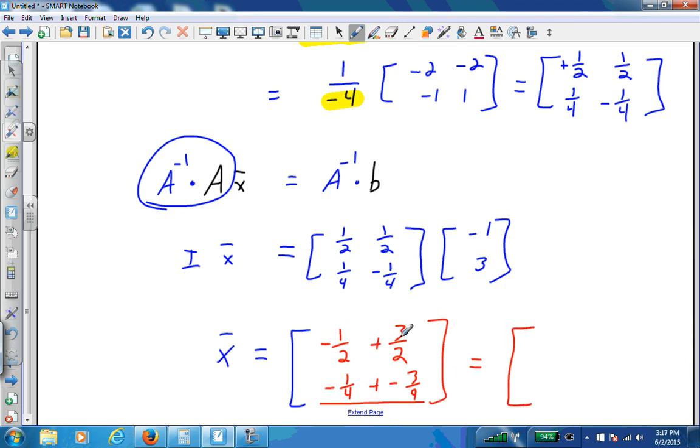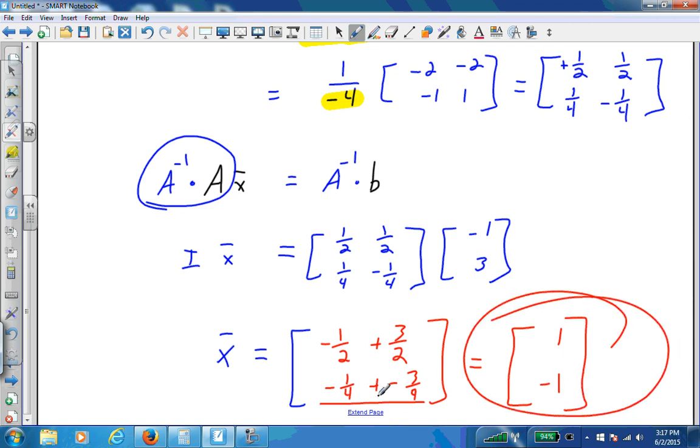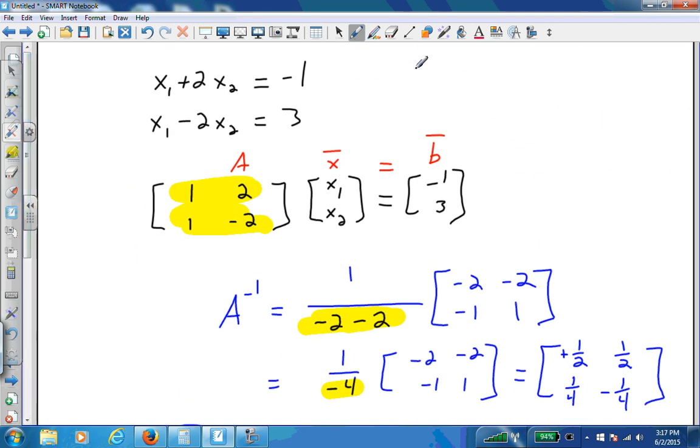So minus 1/2 plus 3/2, same denominator, so that's 2/2 or 1. Minus 1 minus 3, so minus 4/4 or minus 1. So the solution of this system of equations is 1, negative 1.